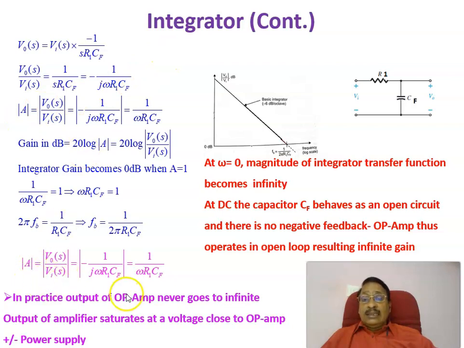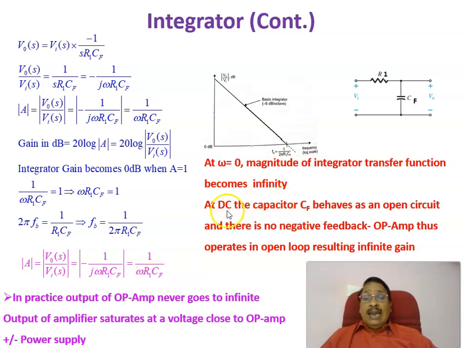The gain of the integrator is 1 by omega R1 Cf, and omega equals 2 pi f. Therefore, as frequency increases, the gain gets reduced. That is one observation we can make from this.